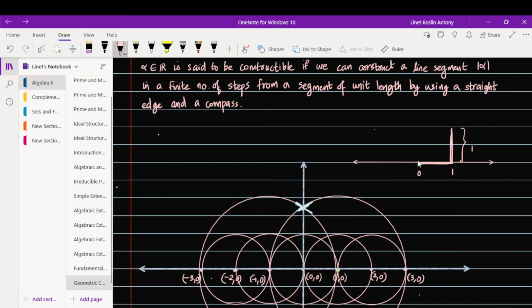You know that by joining this point and this point, this value will be square root of 1 square plus 1 square, that will be root 2.